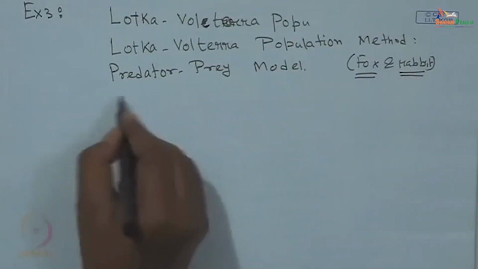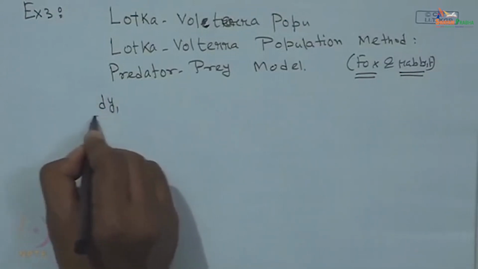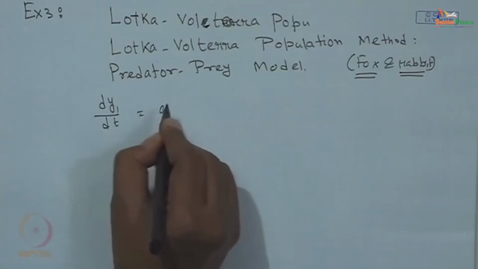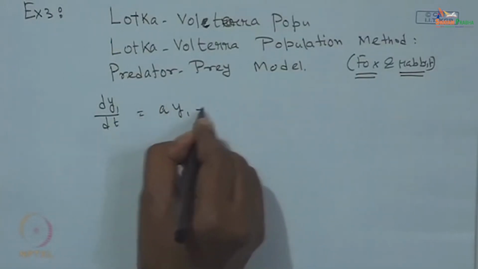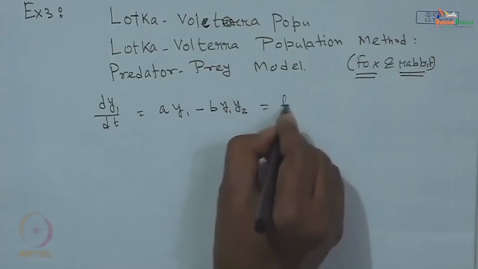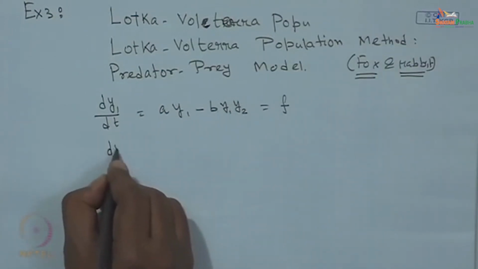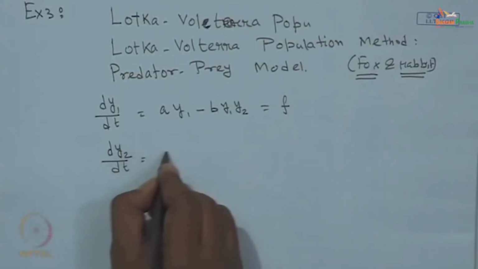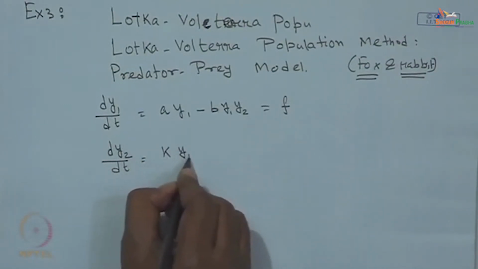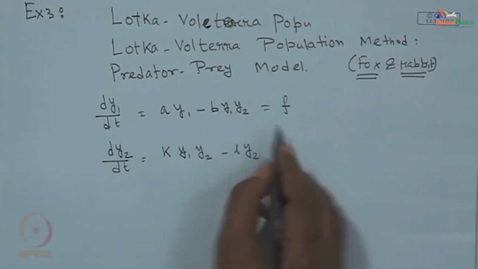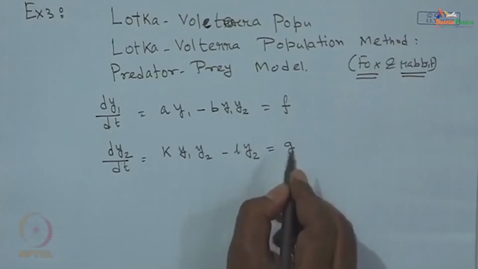So, the governing equations for this problem are given by dy1/dt = a y1 - b y1 y2, that is equal to function f. dy2/dt = k y1 y2 - l y2, equal to g.